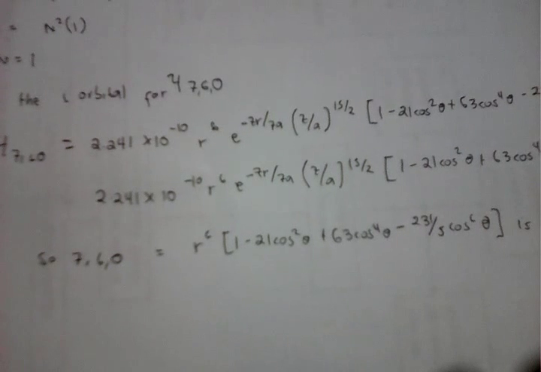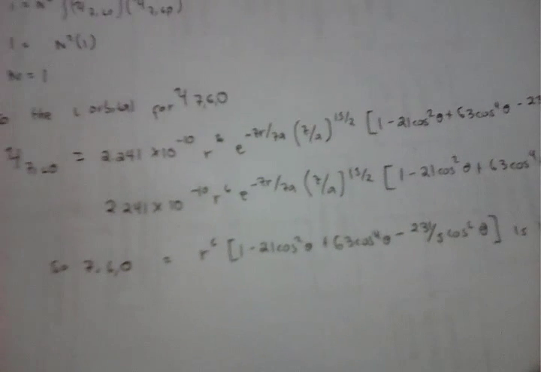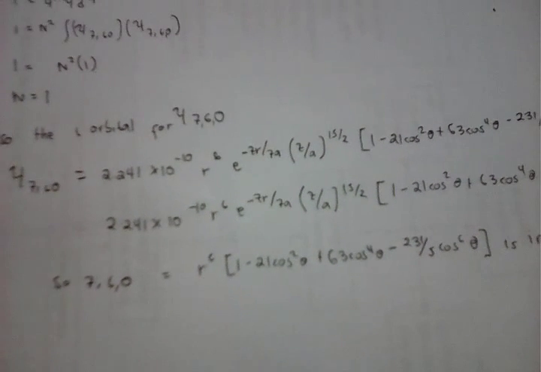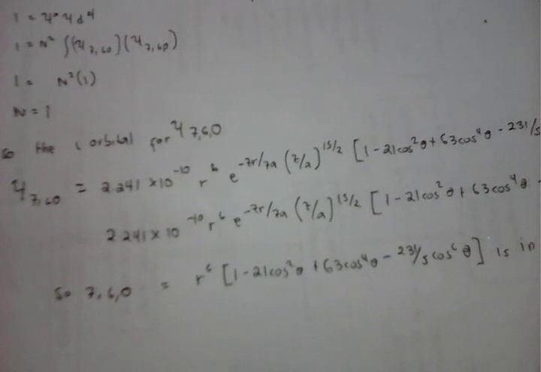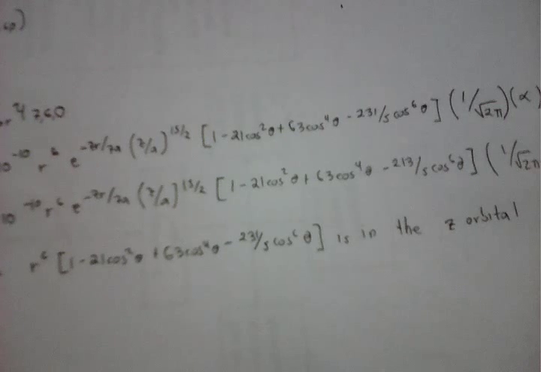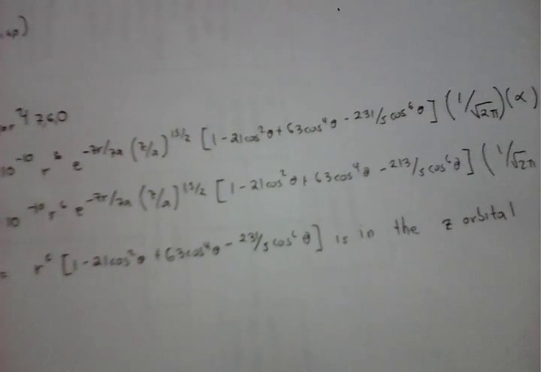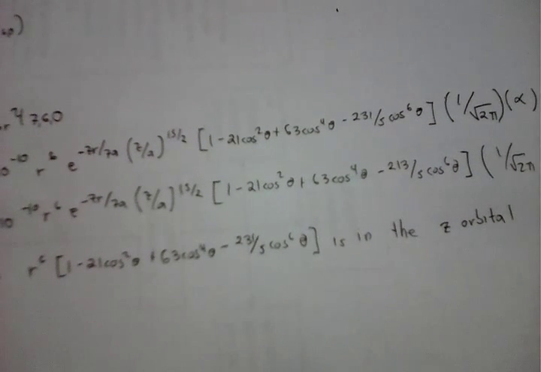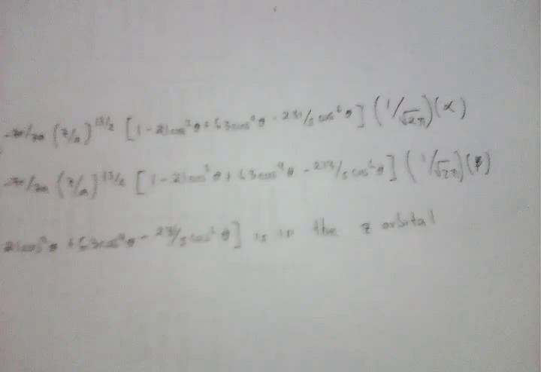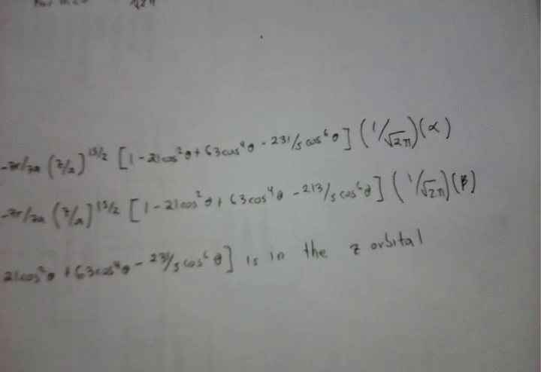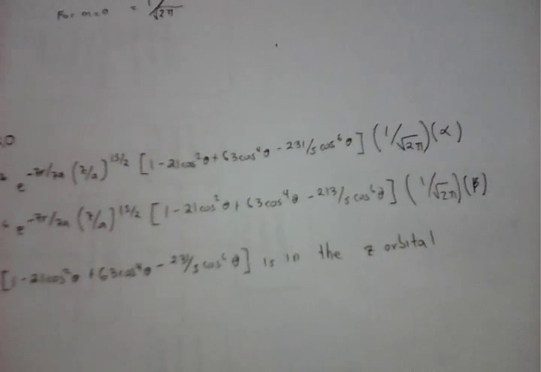then 2.241 times 10 to the negative 10 r to the 6 e to the negative cr over 7a z over a 15 over 2 times 1 minus 21 cosine squared theta plus 63 cosine to the 4th theta minus 231 over 5 cosine to the 6th theta, then times the p, which is 1 over square root of 2 pi, and negative 1 is for beta.